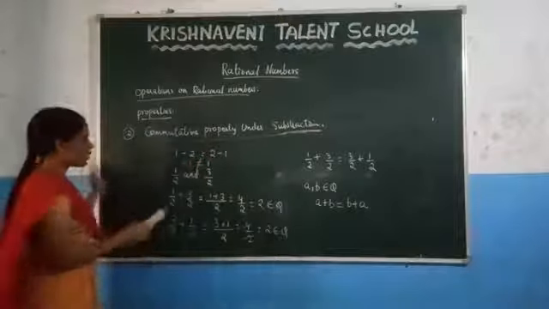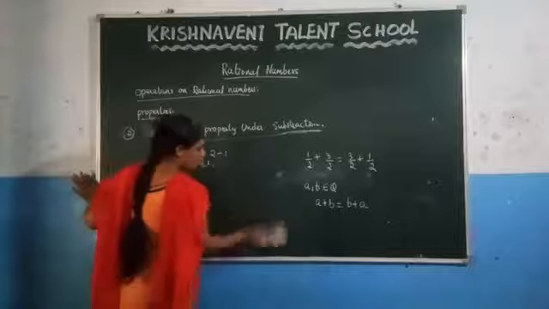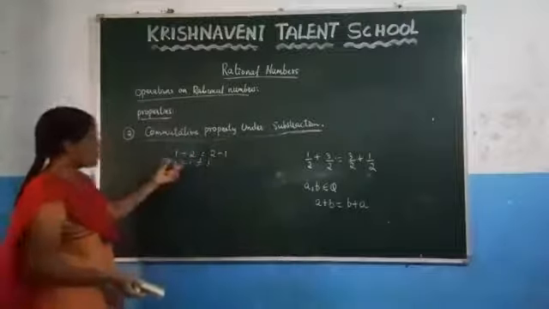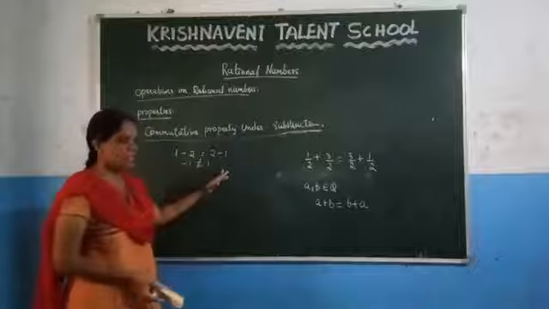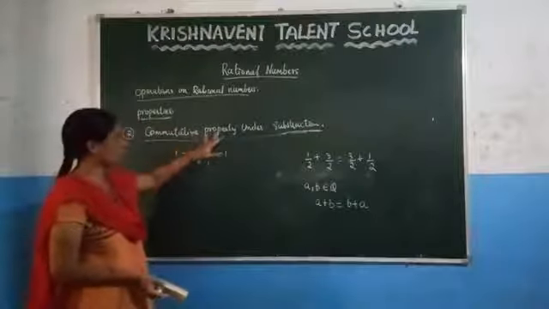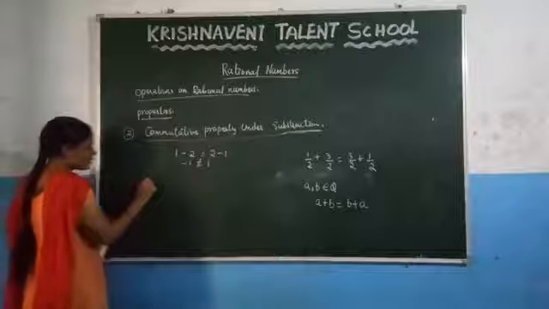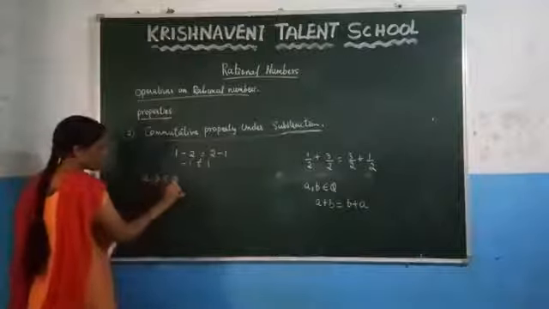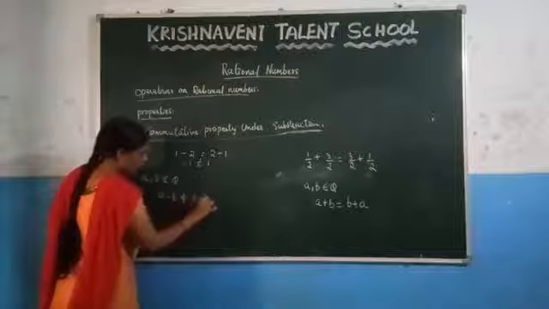So from this we can conclude that if you consider any two rational numbers and subtract them after changing the order, you are not getting the same result. So we can say that the commutative property does not hold under subtraction. If you consider any two rational numbers a and b, a minus b is not equal to b minus a.